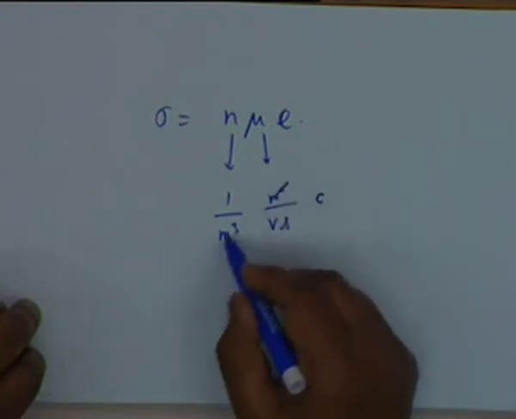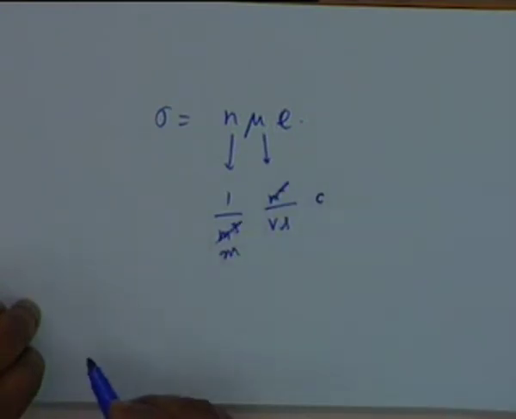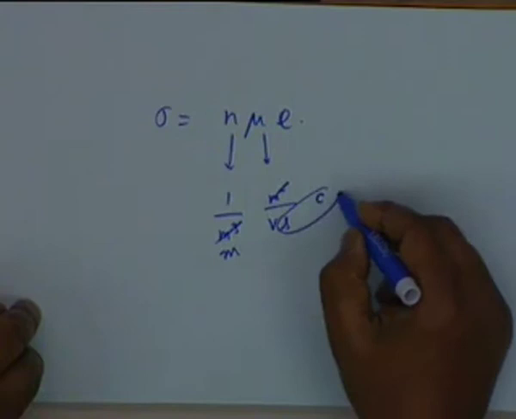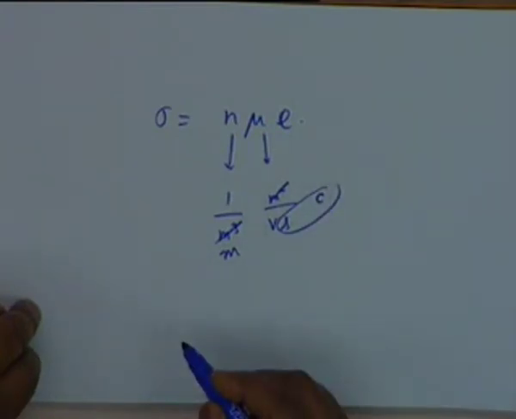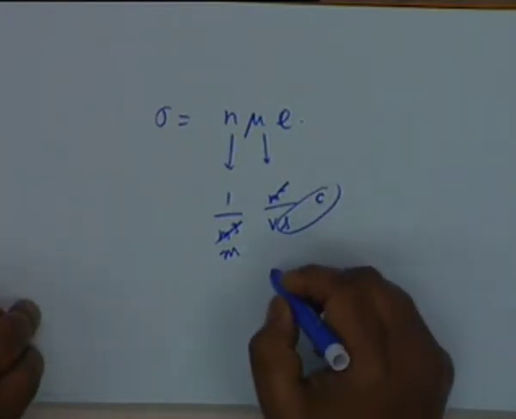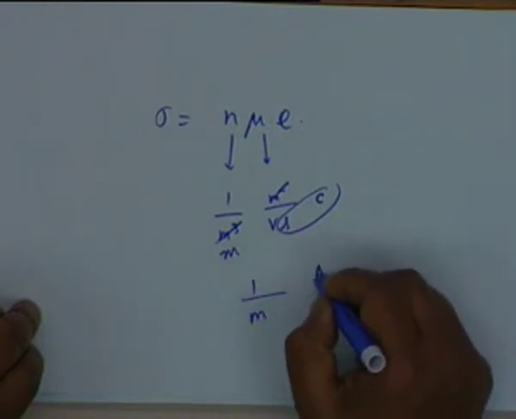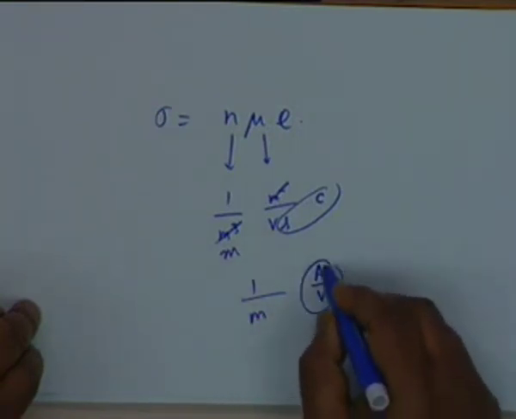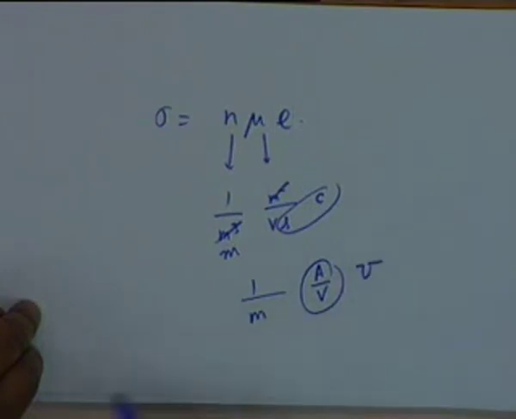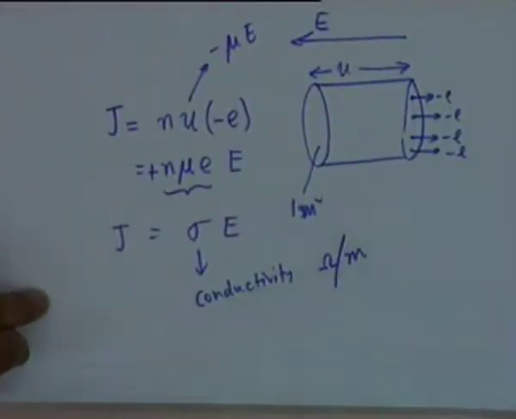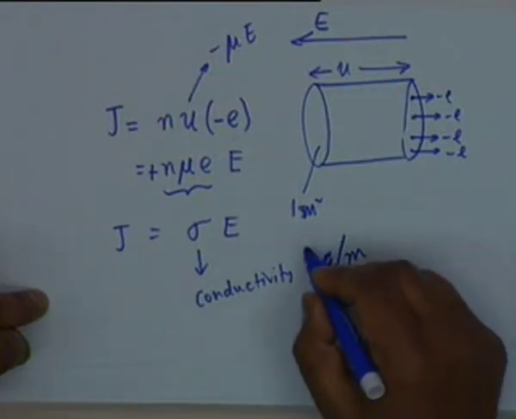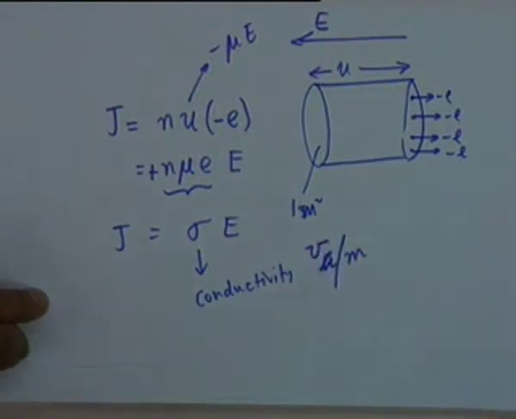Now meter squared over meter cubed becomes 1 by meter, coulomb per second becomes current, amperes. So this becomes 1 by m, ampere by volt, this is mho, and therefore the unit is mho per meter, not mho meter, all right, mho per meter. Conductivity, I have written this also wrongly, this should have been mho per meter, all right.